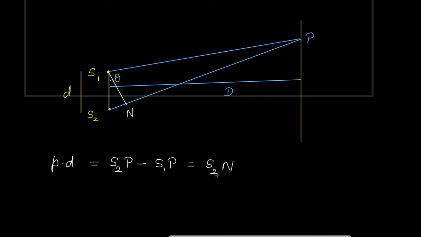Similarly, the distance from the slits to P is MP. Let the point almost at the middle of the two slits be M, so that MP and MN are normal.